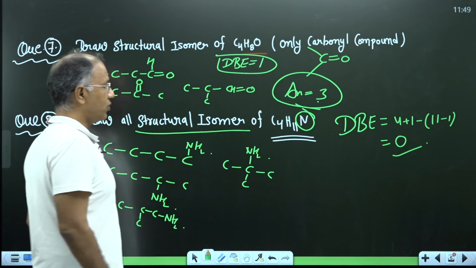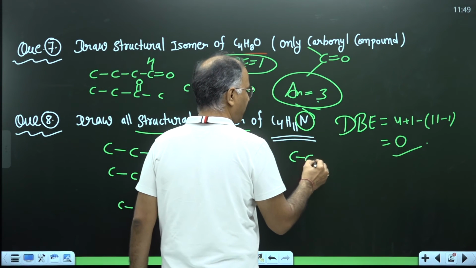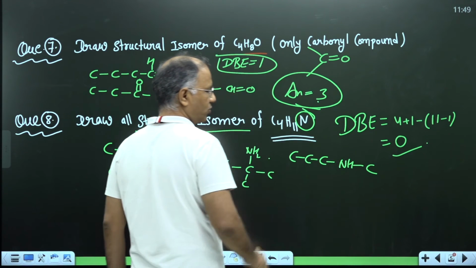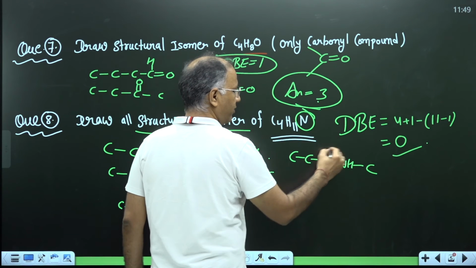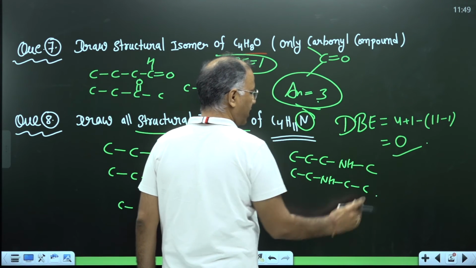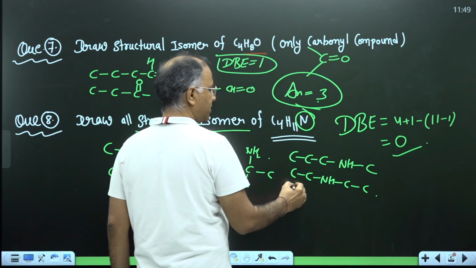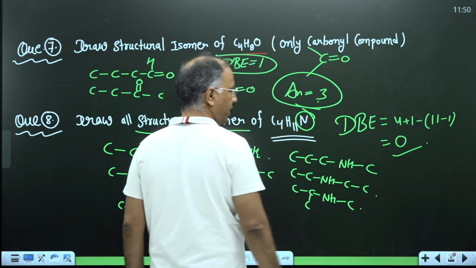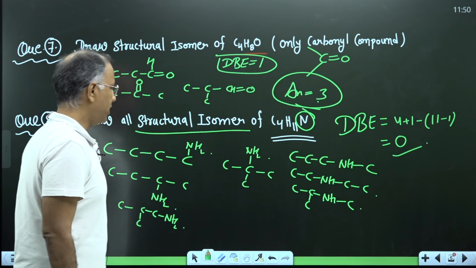Now we have to draw 2 degree amine. Since we have 4 carbons, we can place propyl and methyl. This is 2 degree amine. I can move this carbon to the right hand side. This is also 2 degree amine. We can do branching of normal propyl to isopropyl. This is our 2 degree amine. Got it?